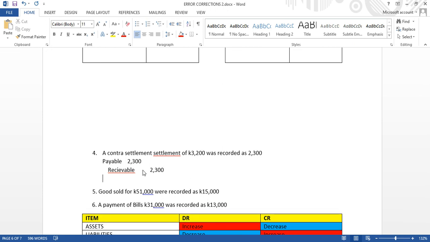By how much? 3,200 minus 2,300 is 900. So it has been understated by 900, meaning we're going to have to debit the payable 900 and credit the receivable 900.